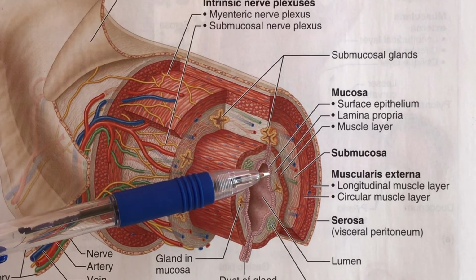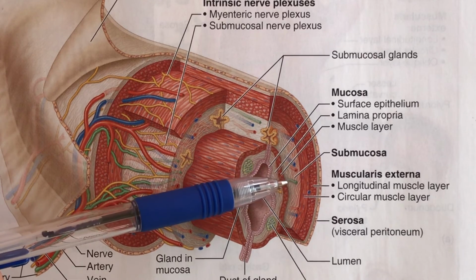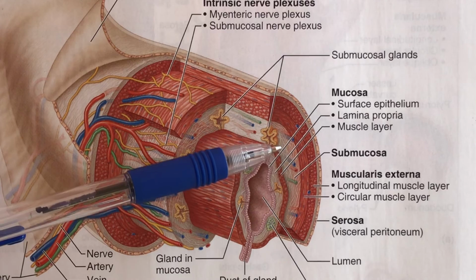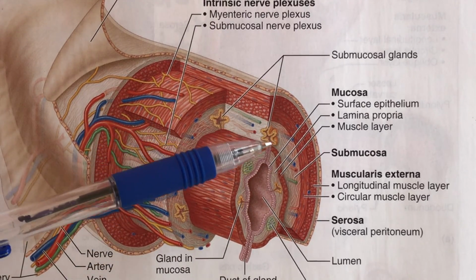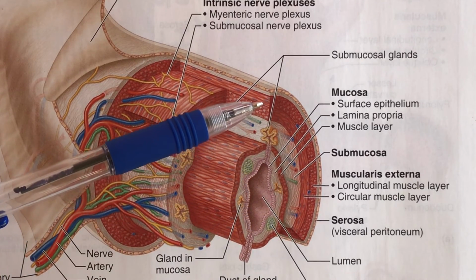Then we have the submucosa, which is this next lining here, and so we see lymphatic vessels, blood vessels, and nerve endings, and so on, right in here. This is the submucosa. Then we have a muscular layer here, the muscularis externus.